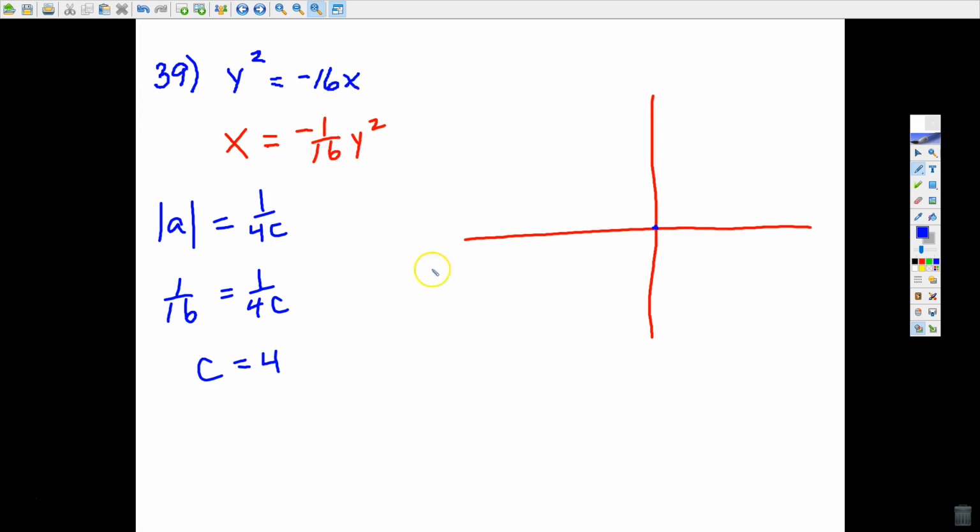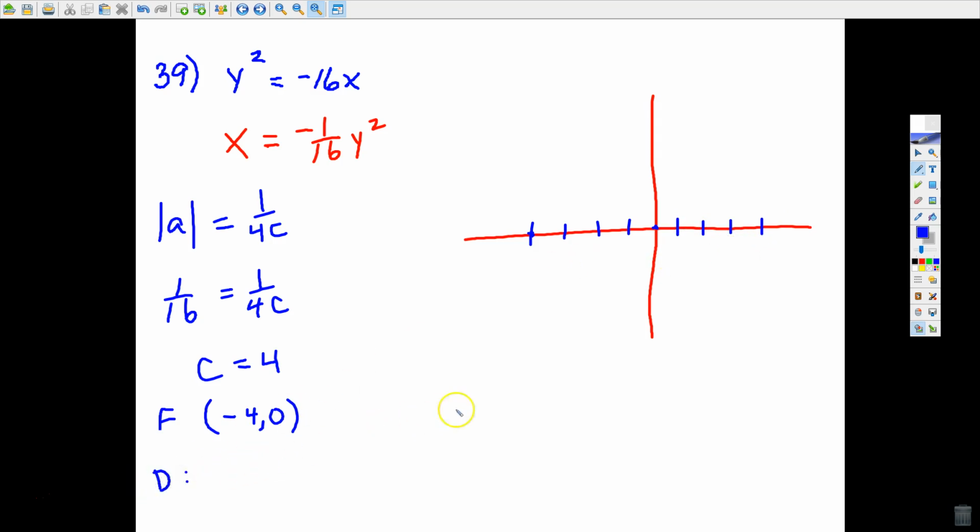Okay, so I know now from the vertex, traveling in the same direction that the parabola opens, which is left, I'm going to go 4 places and put a dot, and that makes the focus then the ordered pair -4, 0. The directrix is going to be 4 units in the other direction, and it's going to be a line.